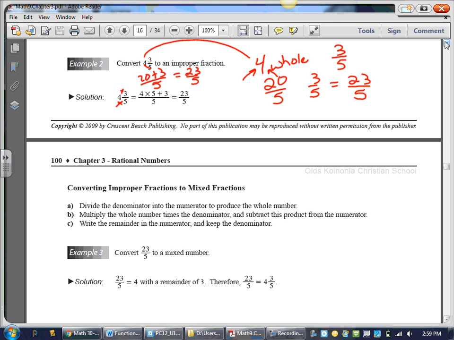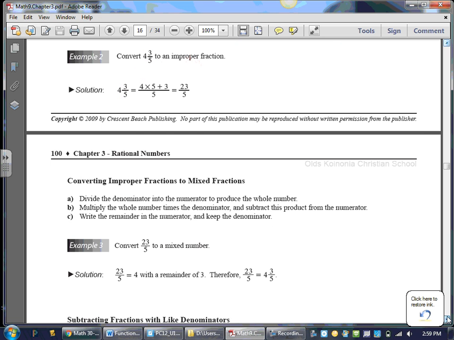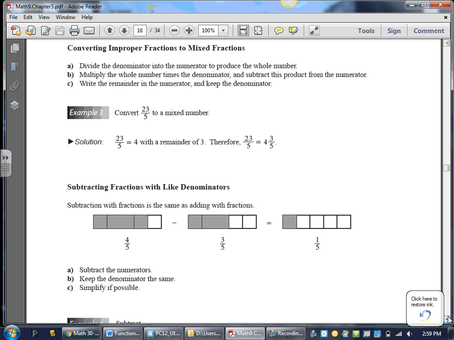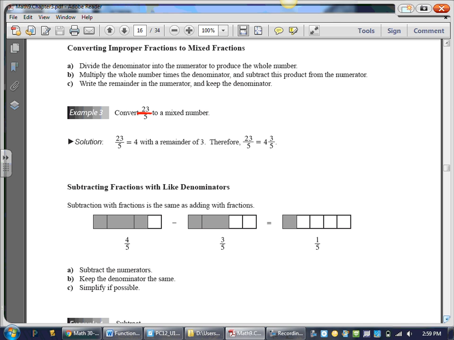So we can go down to the next one, and it goes backwards. If you have an improper fraction and you want to make it a mixed number, 23/5 is the same as going 23 divided by 5. So you can ask yourself, how many times evenly?